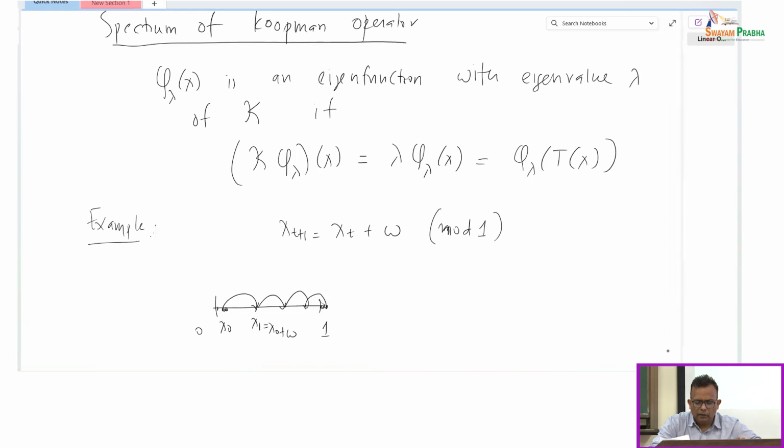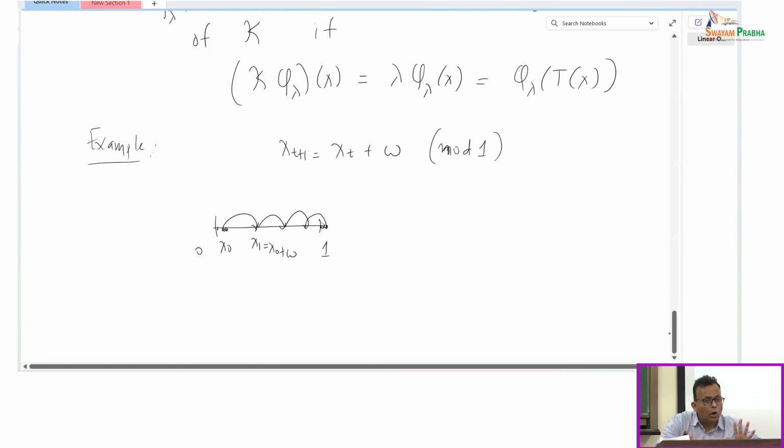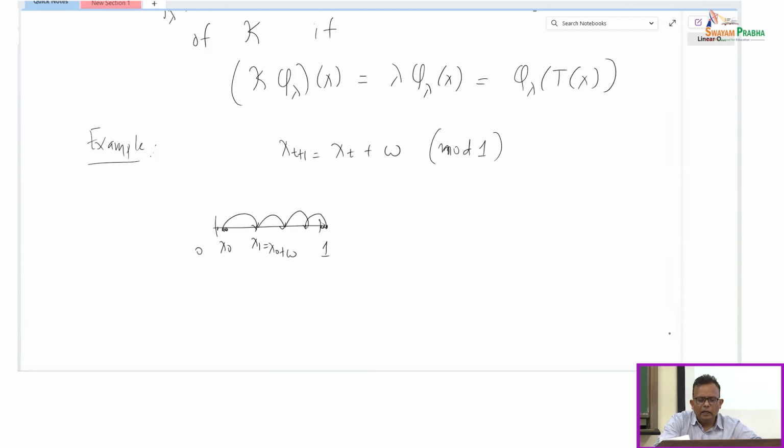Now, this looks very simple, but actually it is very complicated. In fact, my PhD thesis was based on this simple map. If you perturb this, you get all sorts of crazy things. And if you think a little bit about it, since this is mod 1, what happens if omega is rational?